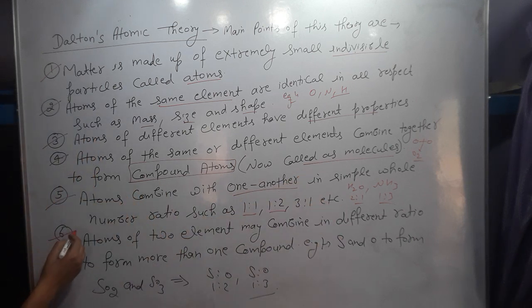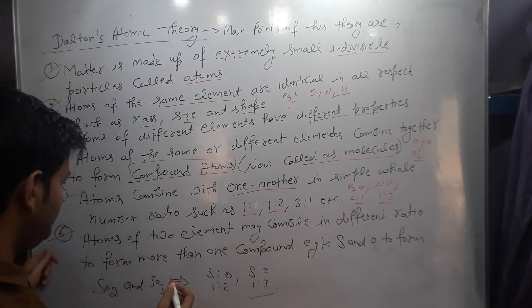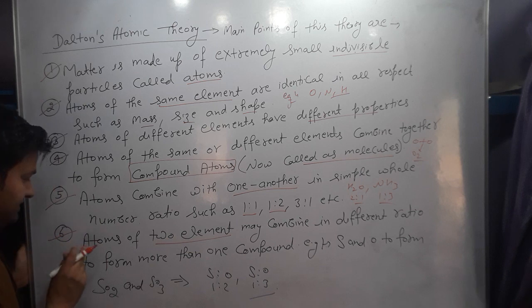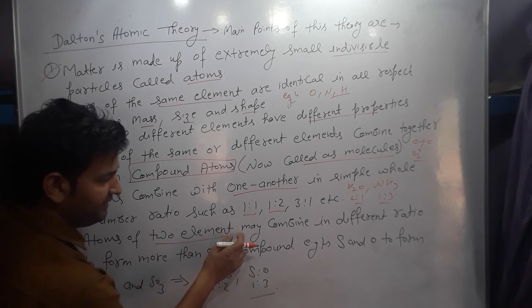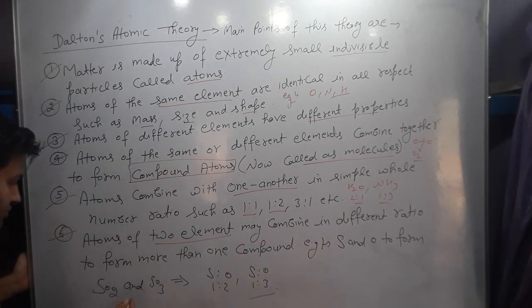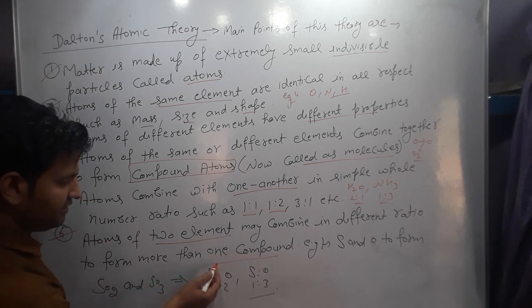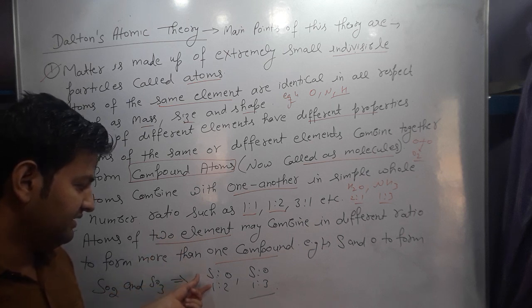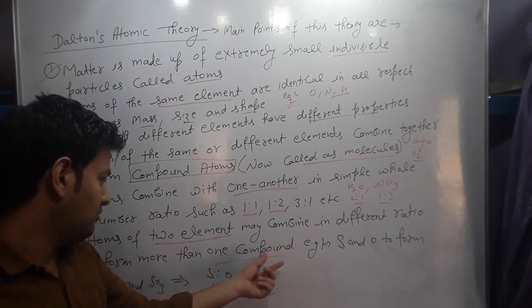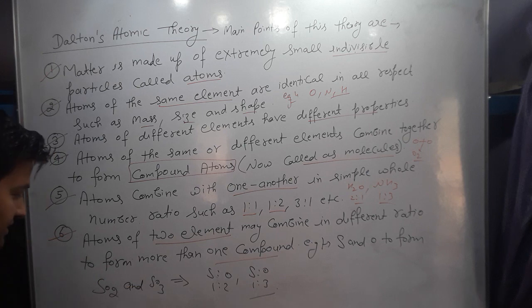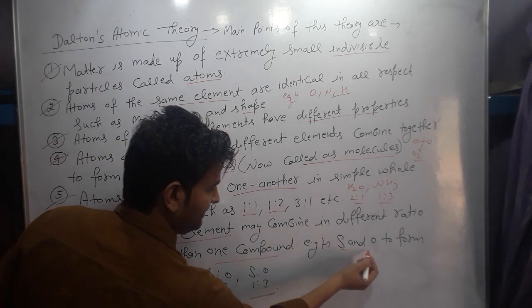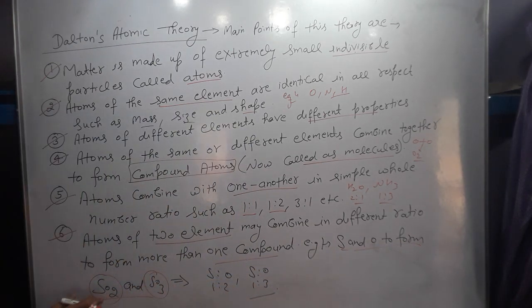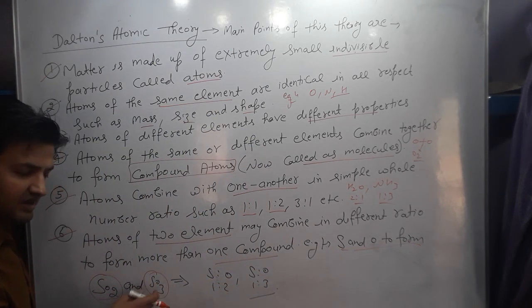Next, our sixth point: atoms of two elements may combine in different ratios. The main point here is two elements. Atoms of two elements may combine in different ratios to form more than one compound. Let's understand with an example: sulfur and oxygen combine to form sulfur dioxide and sulfur trioxide.